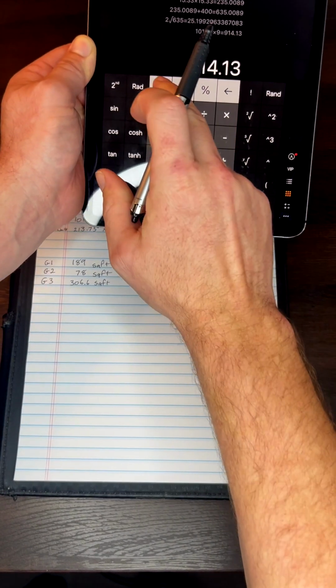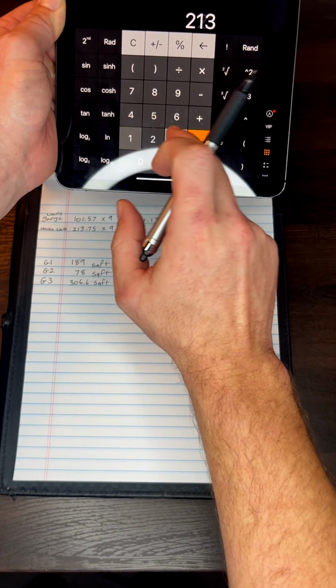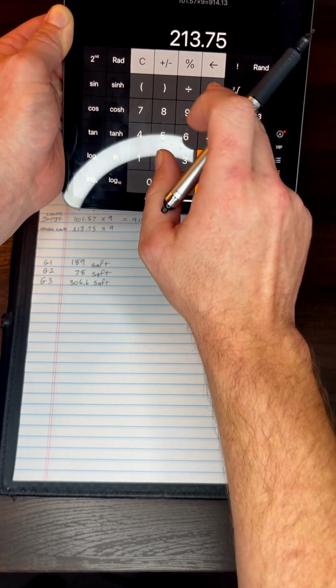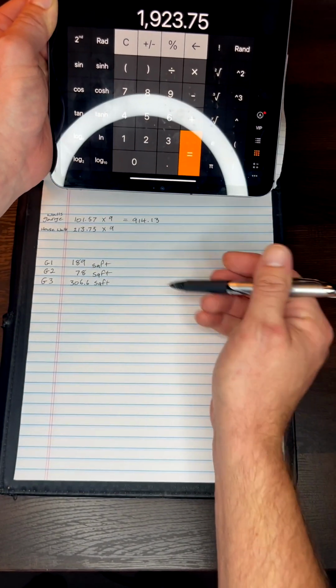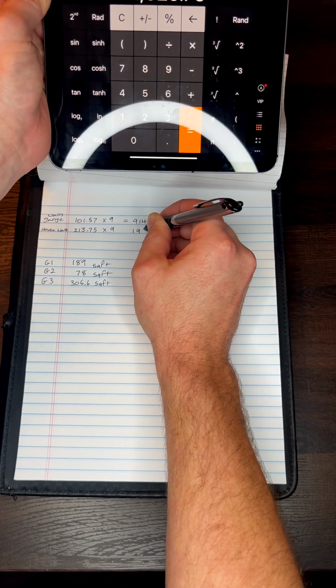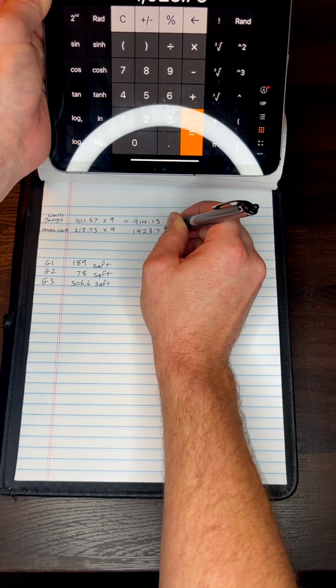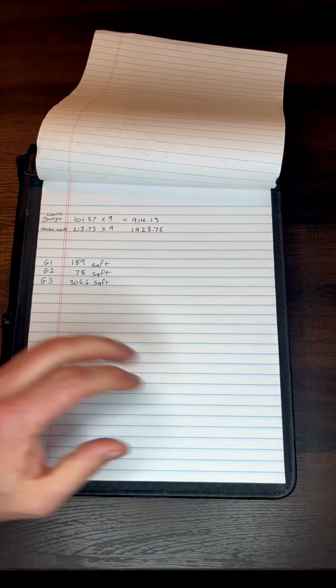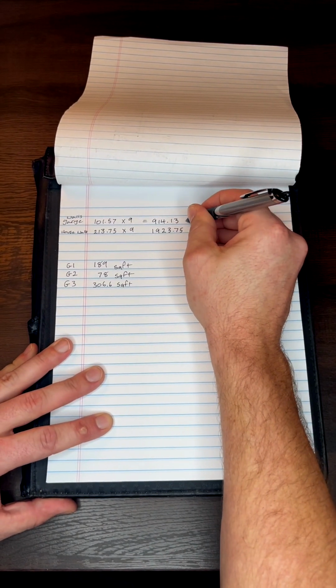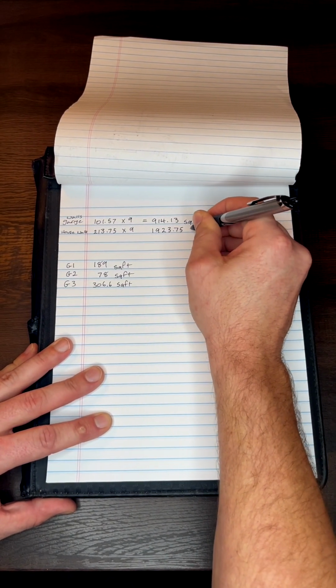And then here we've got 213.75 times 9 equals 1923.75. And that is in square feet.